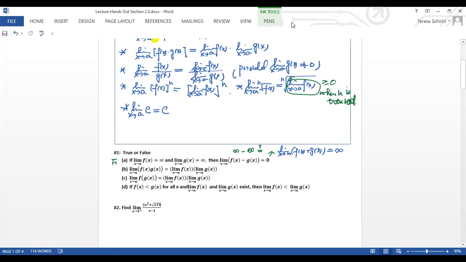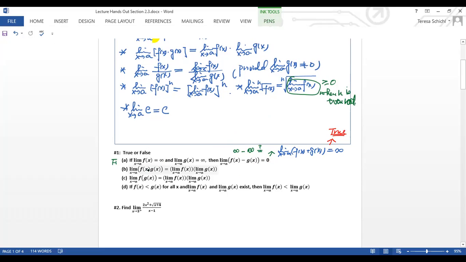Yes, this one is true, because I know infinity plus infinity is still infinity. So the only thing we don't know is infinity minus infinity, right?